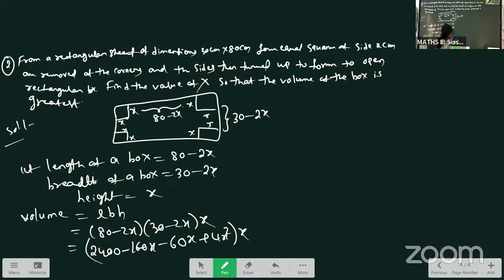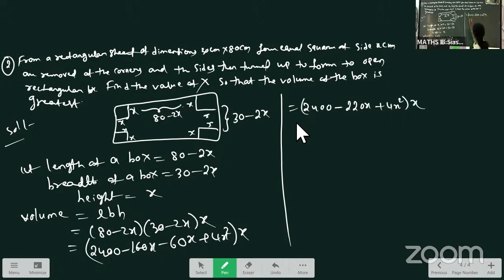One more simplification: 2400 minus 160x minus 60x is minus 220x, plus 4x square, into x. Now multiply with x: 4x cube minus 220x square plus 2400x.